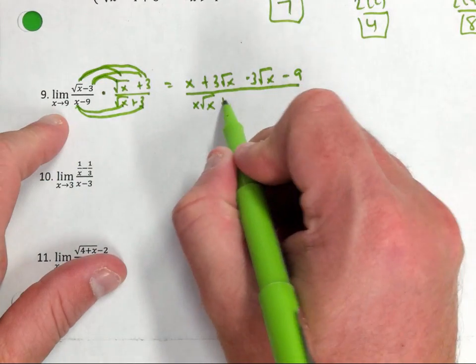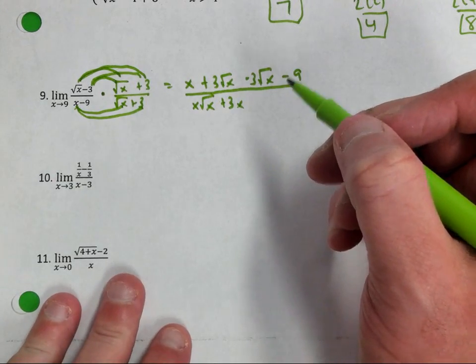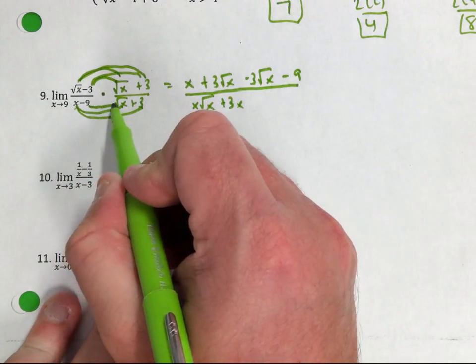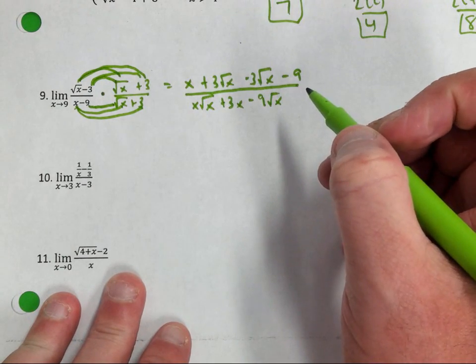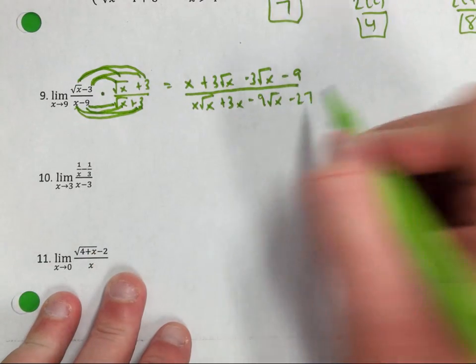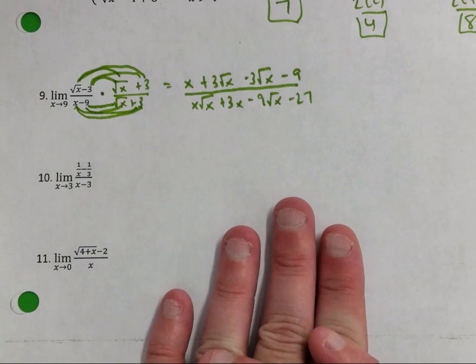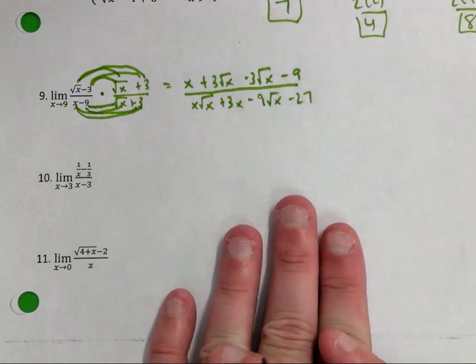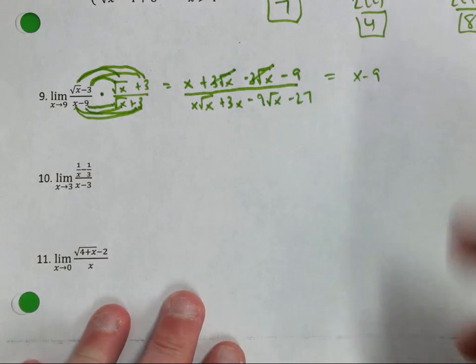X times 3 is 3x. Negative 9 times square root of x is negative 9 square root of x. Negative 9 times 3 is negative 27. On top, I can clean this up. I'm left with x minus 9.